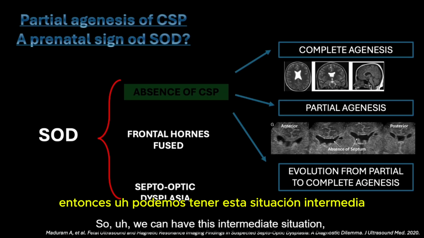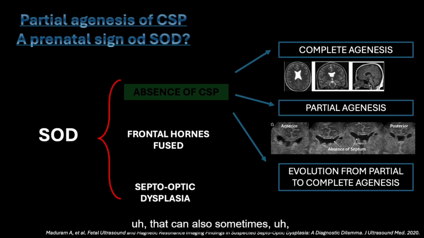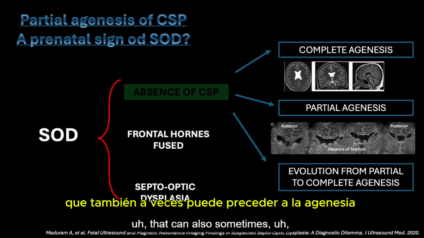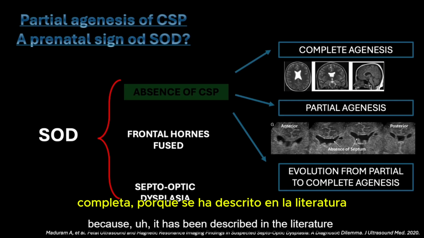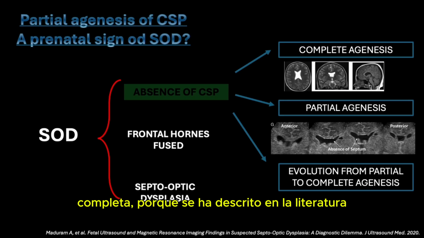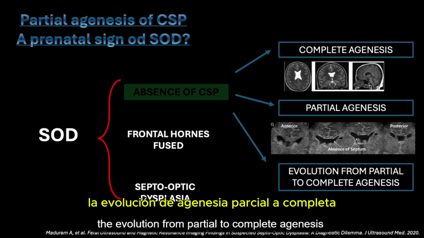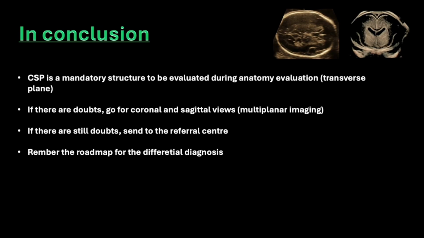So we can have this intermediate situation that can also sometimes precede the complete agenesis, because the evolution from partial to complete agenesis of the septum pellucidum has been described in the literature.